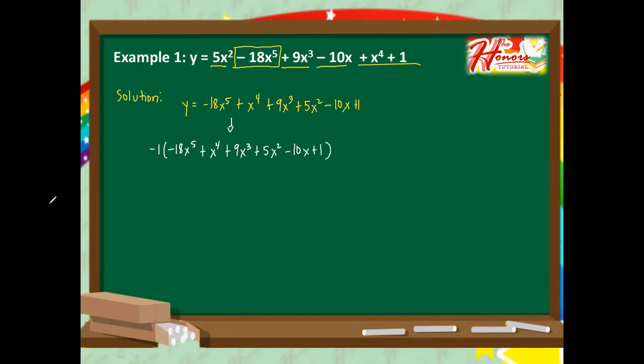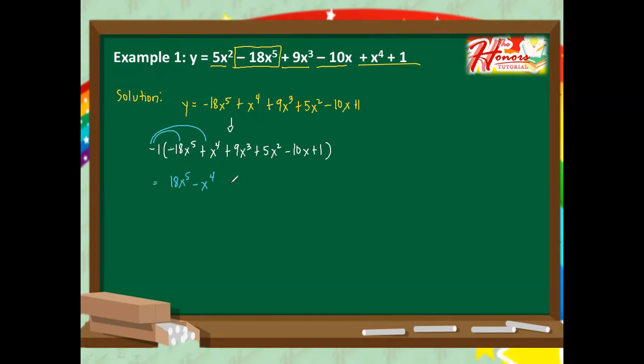Let's distribute the negative 1 now. So we have here negative 1 times negative 18x raised to 5 is positive 18x raised to 5. And then multiply negative 1 to positive x raised to 4. Then it will become negative x raised to 4.